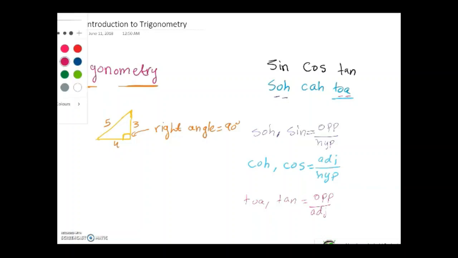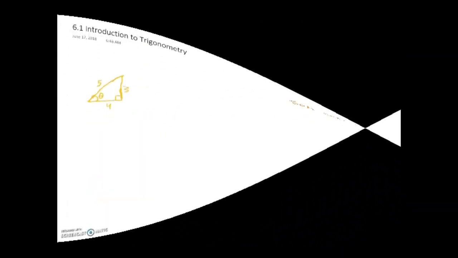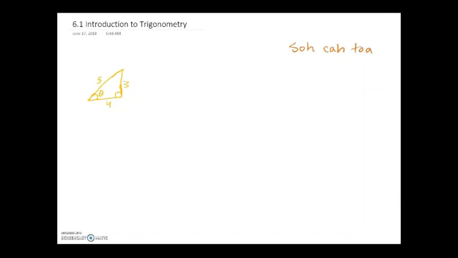Now let's take an example so I can make you understand better. Let's take this triangle as an example. Let's choose this angle and call it theta.